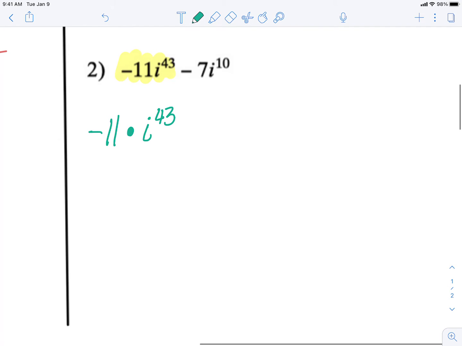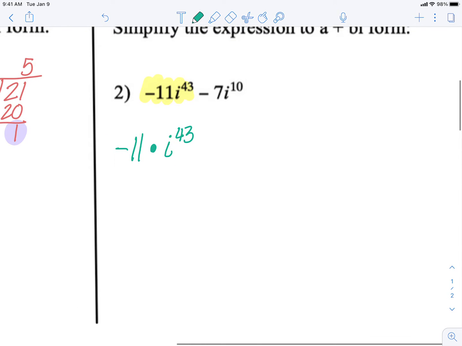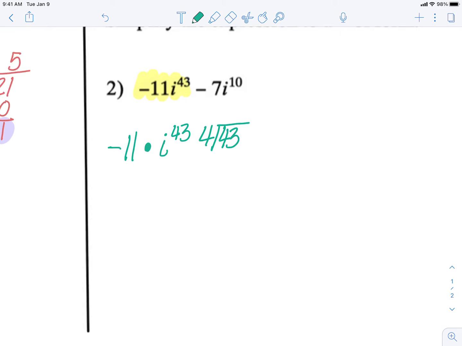So I'm going to take 43, do it over here on the side, and I'm going to divide it by 4.